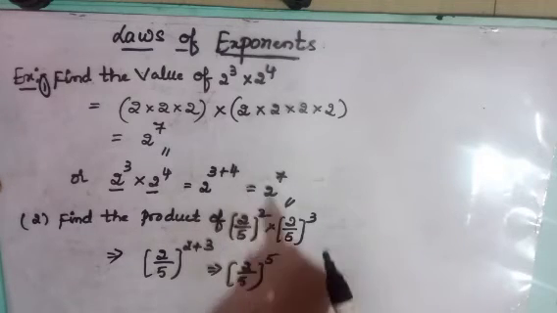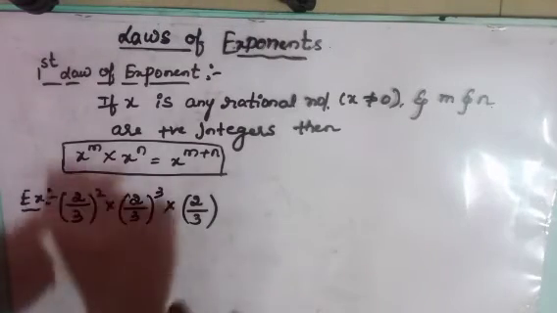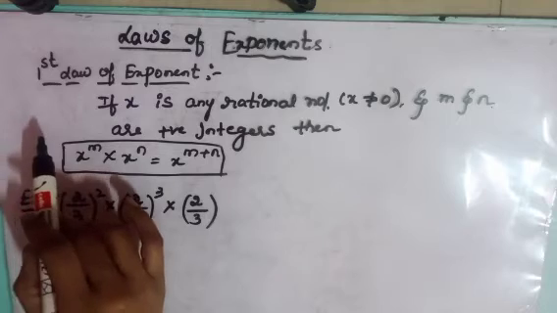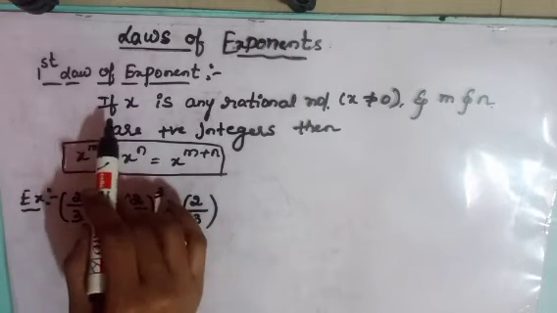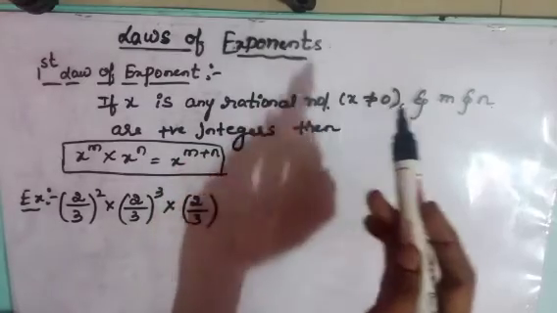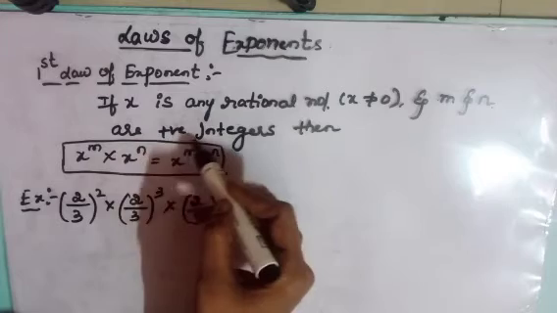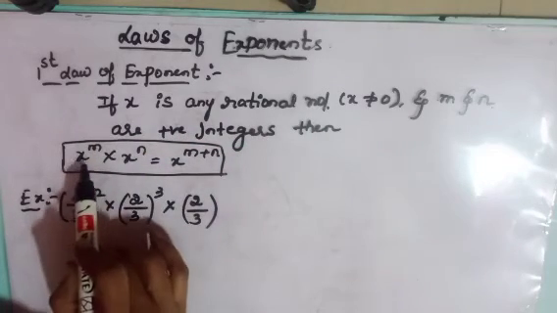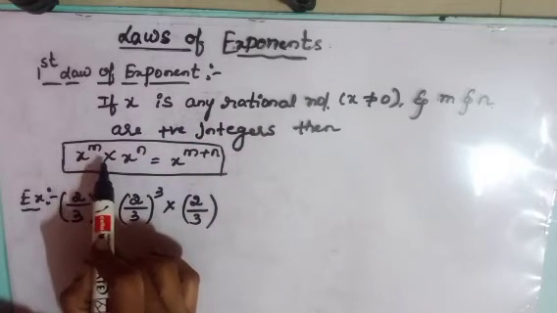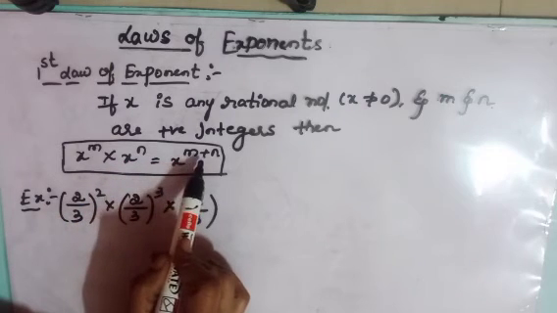So from these examples, we conclude that if x is any rational number, that is x is not equal to 0, and m and n are positive integers, then x to the power of m into x to the power of n equals x to the power of m plus n.